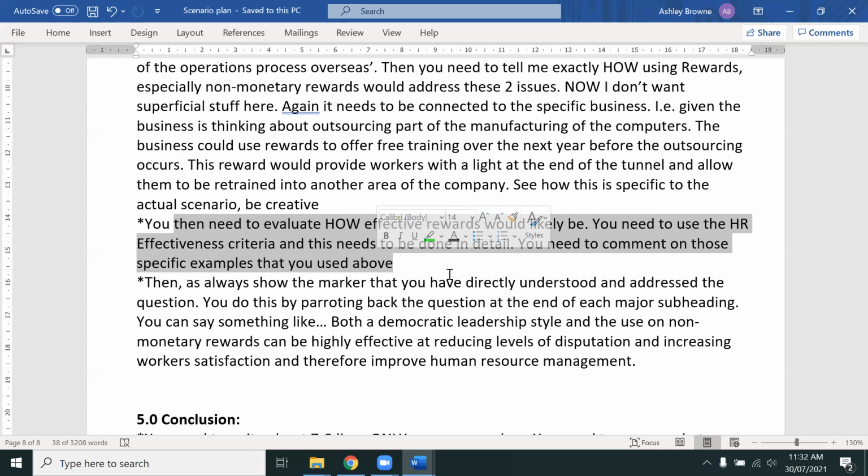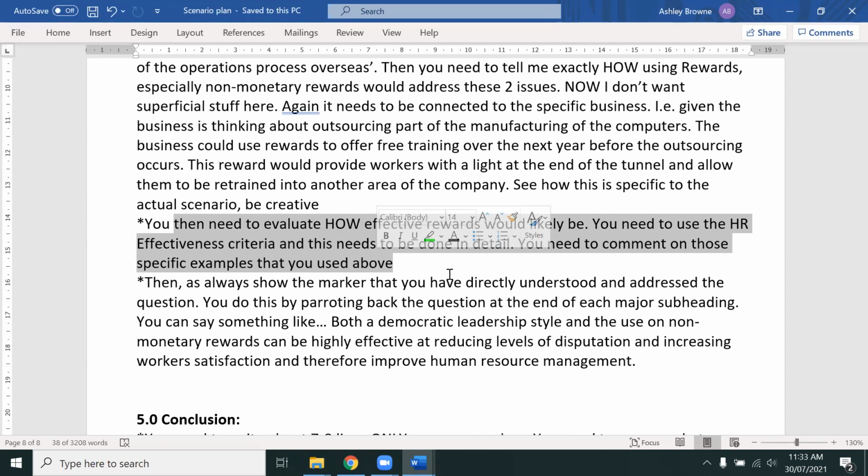Therefore, as a result, non-monetary rewards can reduce worker disputation. That's the effectiveness criteria, because many of the workers no longer lose their jobs. They're redirected, retrained into other areas. See how it's specific to this scenario.